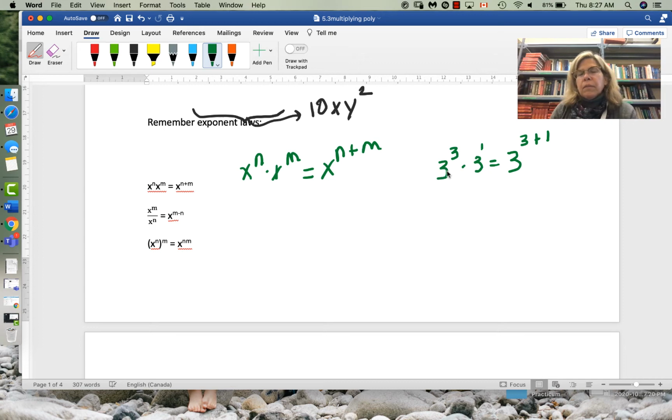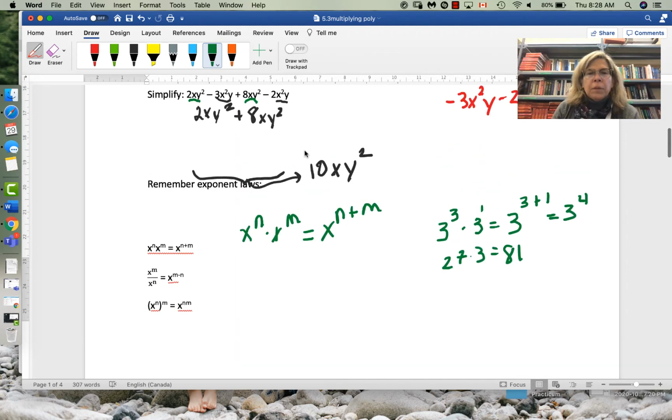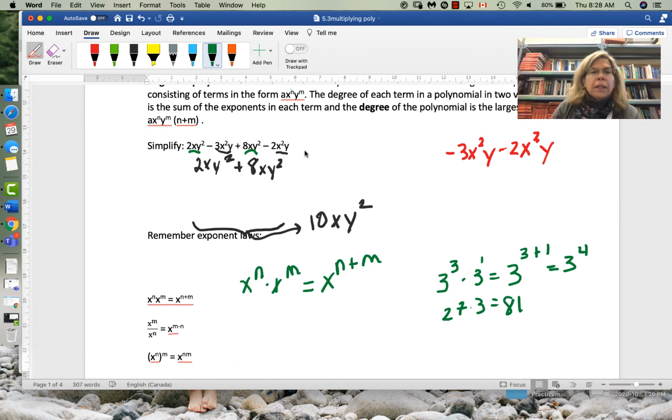And you could even try it out. So 3 times 3 is 9, times 3 is 27, times 3, which gives you 81. And that equals 3 to the fourth. So it works. Okay? And that is kind of what we're doing up here with combining like terms and coming up with the degree. So the degree is this plus this.